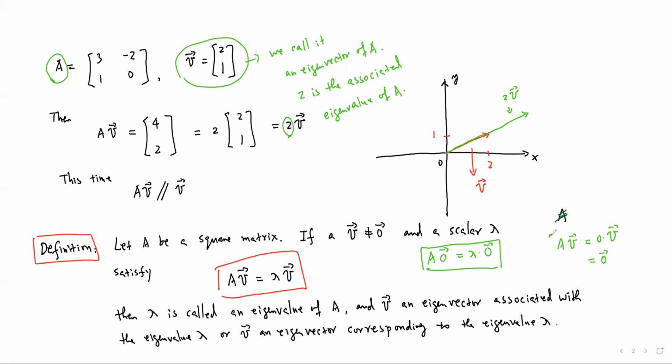Yeah, this equation, A times a vector is a zero vector, is not trivial. Not all matrices A or vectors V have their product equal to zero. No, this is not a trivial case.